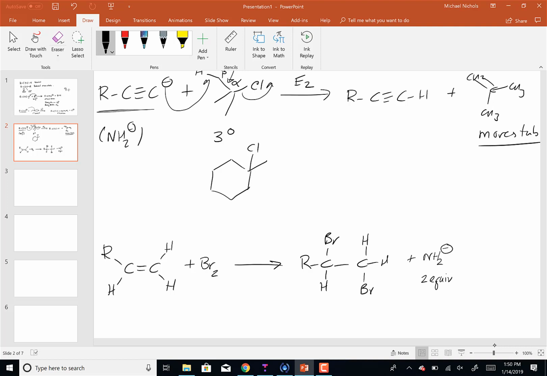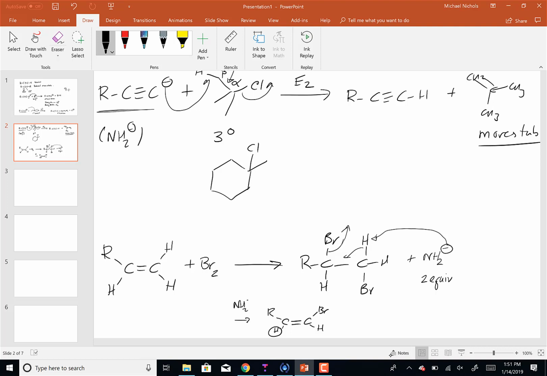And so what's going to happen is the NH2 is going to come over and grab the first hydrogen, and then the pair of electrons goes here and the bromine leaves, so that I end up forming a double bond. And then I need a base strong enough to rip this hydrogen off to do a second E2 elimination. And so that's why I use NH2 minus, because it's strong enough to do both.